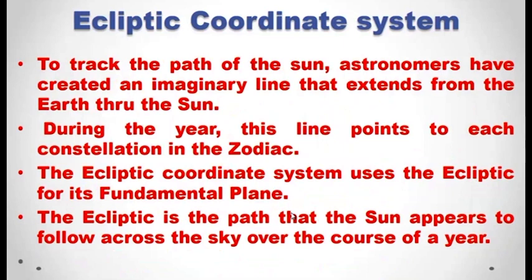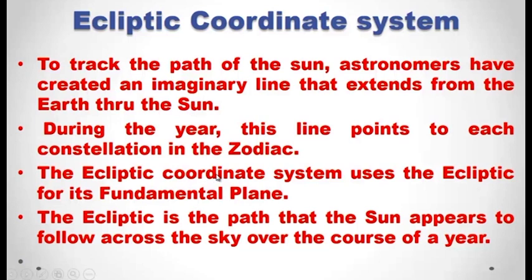Next comes the ecliptic coordinate system. This ecliptic coordinate system uses the ecliptic. Ecliptic is nothing but the plane of the Earth's orbit. The plane of the Earth's orbit is the ecliptic plane here. This ecliptic plane is used by astronomers to describe the movement of the sun.